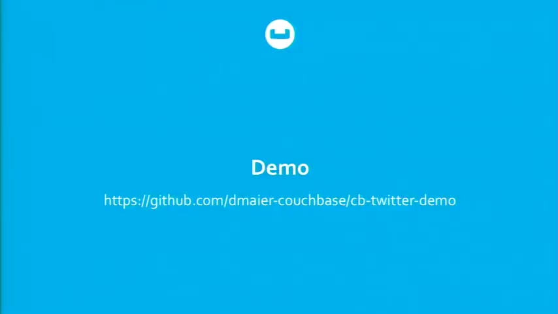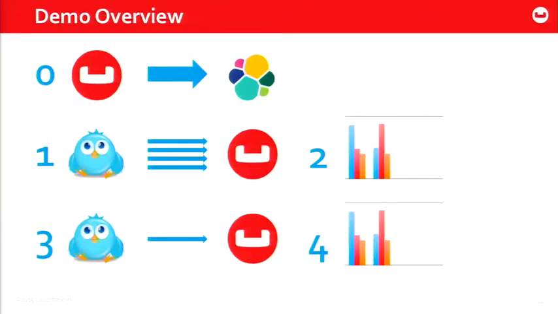Okay, I would like to start this a little bit with a demo. The demo is available here, so if you are interested how it works, you can check it out. Otherwise, I will explain how it works. It's just loading some data to Elasticsearch. So we expect that there is an empty Couchbase bucket, and on the other side we have just an Elasticsearch index.